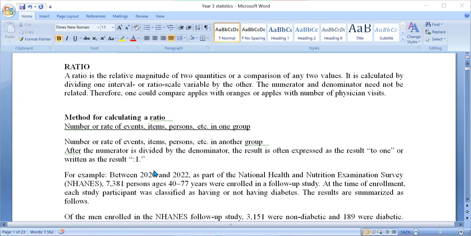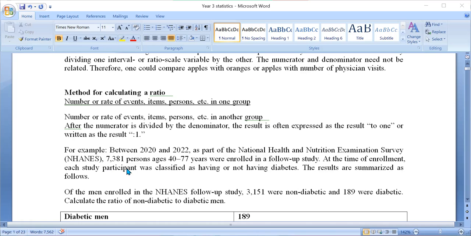I don't know if you understand. Take, for example, between 2020 and 2022, as part of the National Health and Nutrition Examination Survey, 7,381 persons aged 40 to 77 years were enrolled in a follow-up study. At the time of enrollment, each study participant was classified as having or not having diabetes. The results are summarized as follows.